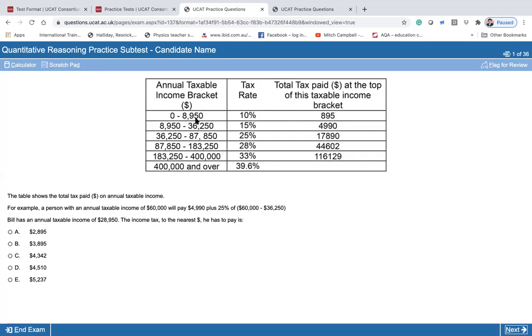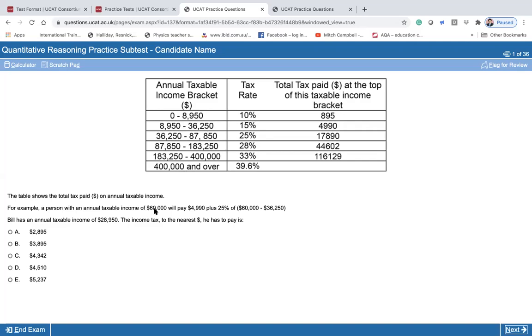However, if you make more than 8,950, for example, let's say you make 9,000, you will be paying 895 plus 9,000 minus 8,950, which comes out to be $50. So you will be paying 15% of that $50. So this is how income tax works.